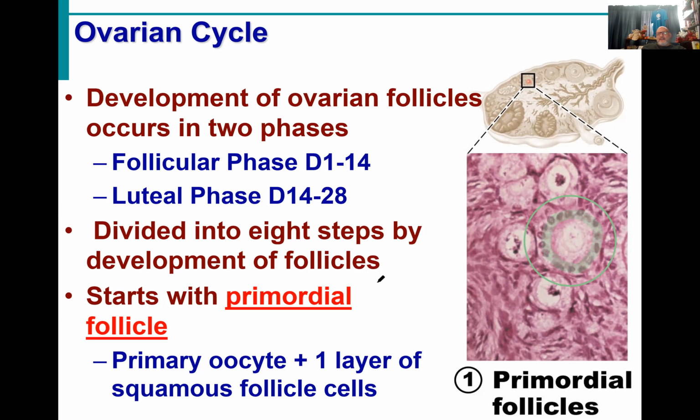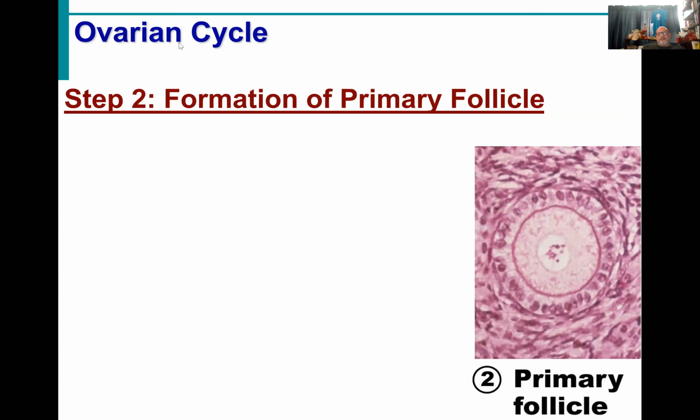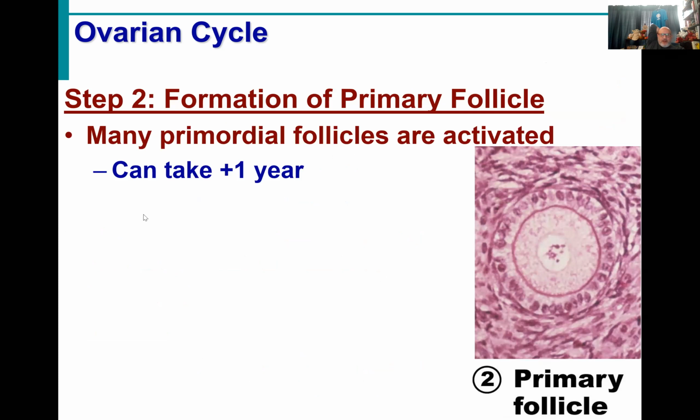So while we have a half dozen primordial follicles here, what do we have here inside of the circle? A primary follicle, absolutely. Here we see another really nice example of our primary follicle.